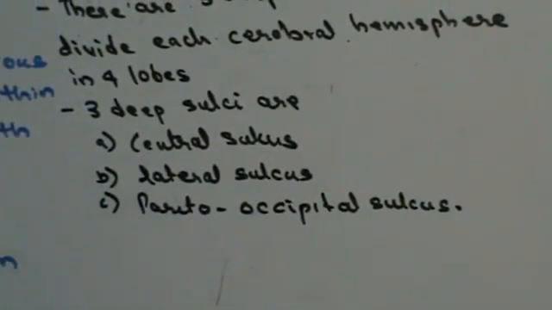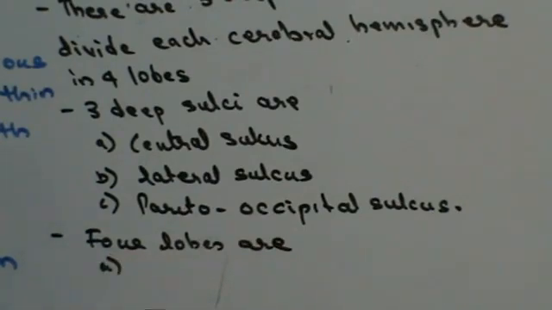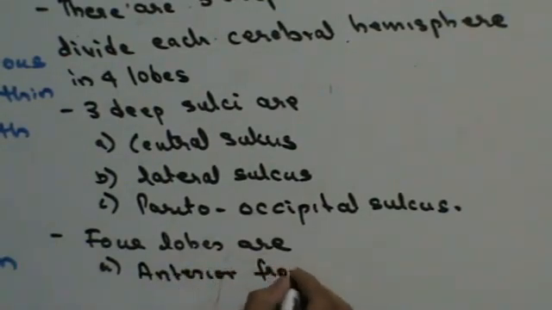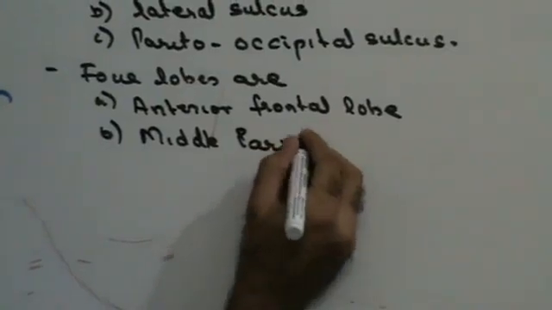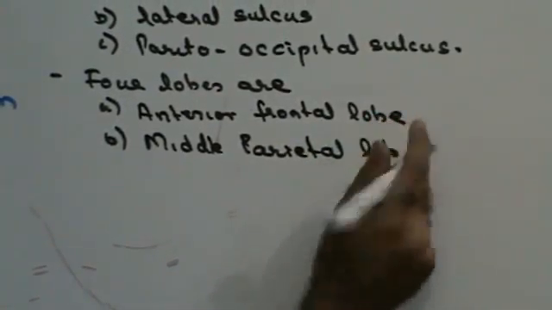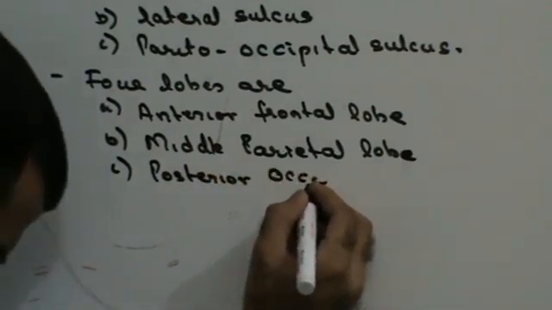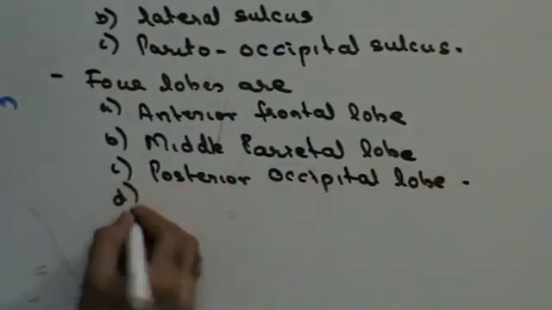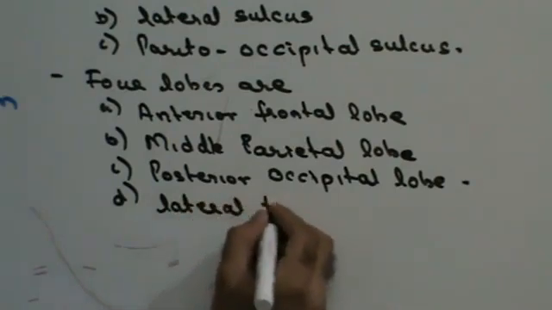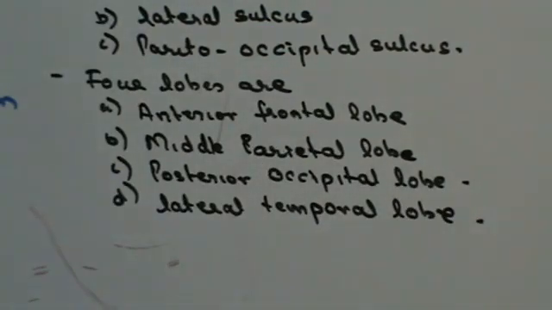Now, the four lobes are the anterior frontal lobe, then you have the middle parietal lobe, then you have the posterior occipital lobe, and you have the lateral temporal lobe. So those are the four lobes in which the cerebrum is divided, right?